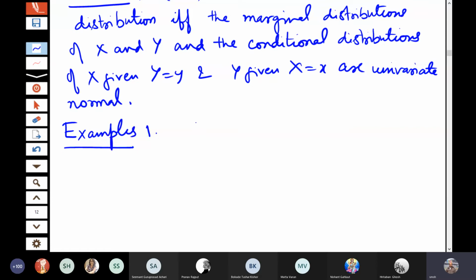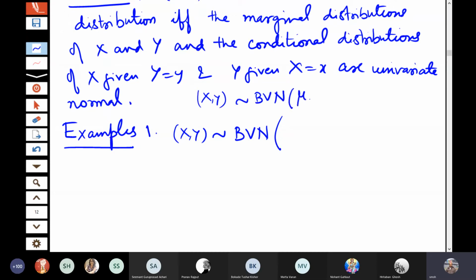So suppose I have X, Y following a bivariate normal distribution with parameters. What is the standard notation? Because I have to abbreviate, we write BVN. You have means mu1 and mu2, variances sigma 1 square, sigma 2 square, and there is another coefficient, rho.